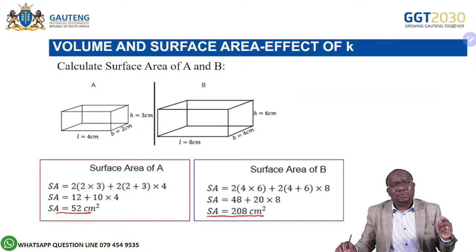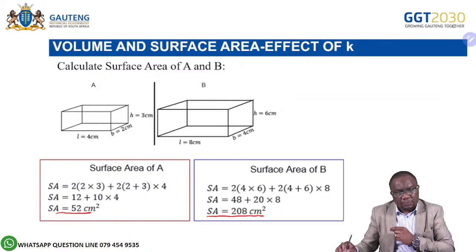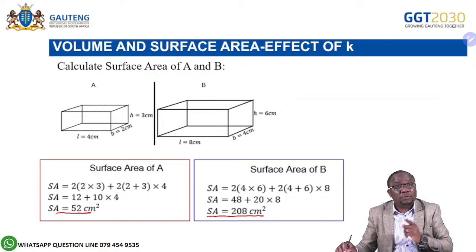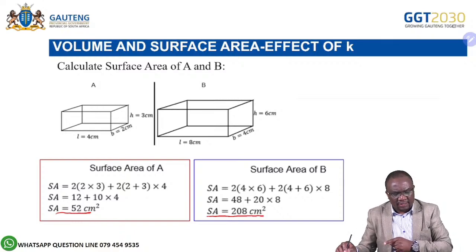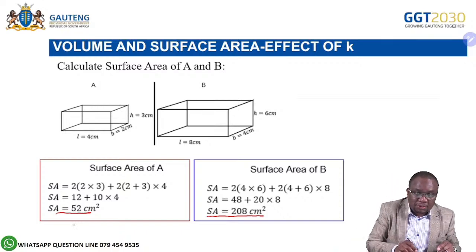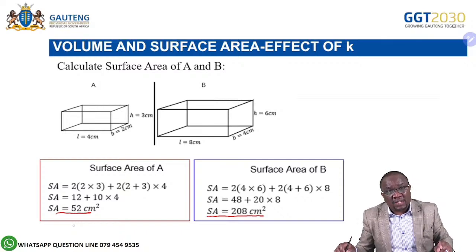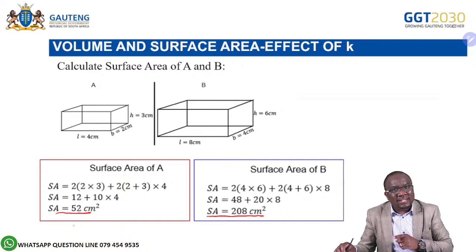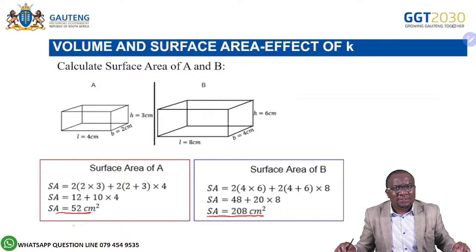I want you to find out, what do we multiply the area of prism A with to get the area of prism B? What do we multiply 52 square centimeters with to get 208 square centimeters? Can you try to do that in 1 minute? Let's do it, 1 minute. And then after that, we're going to continue with our discussion.